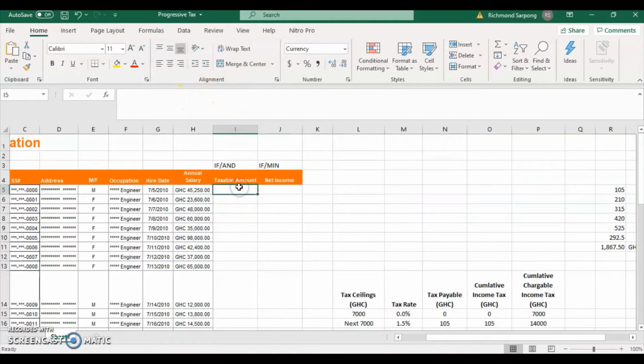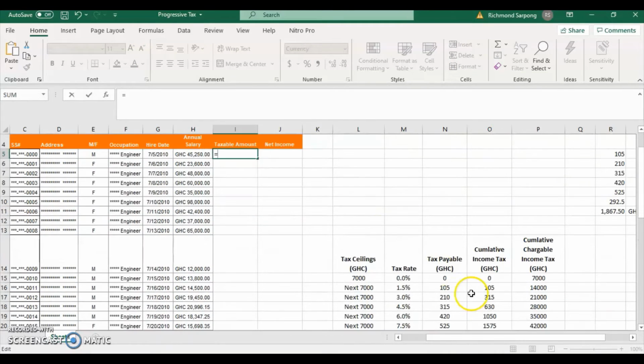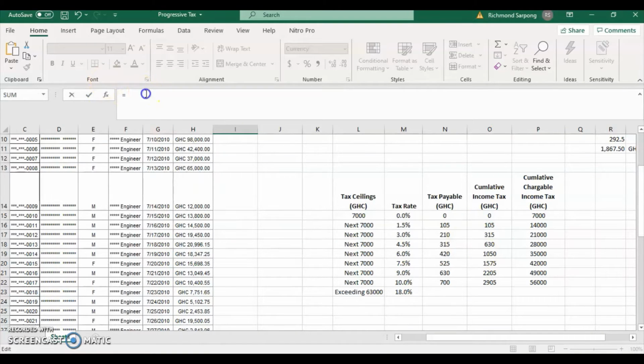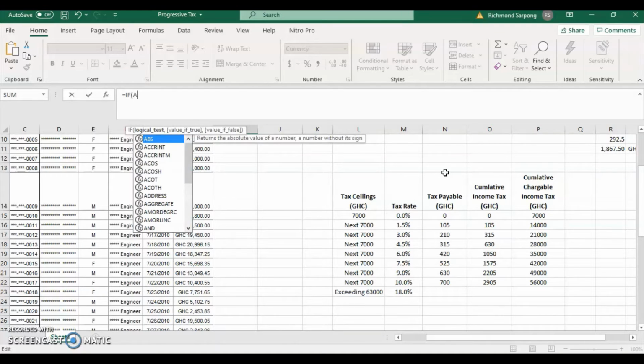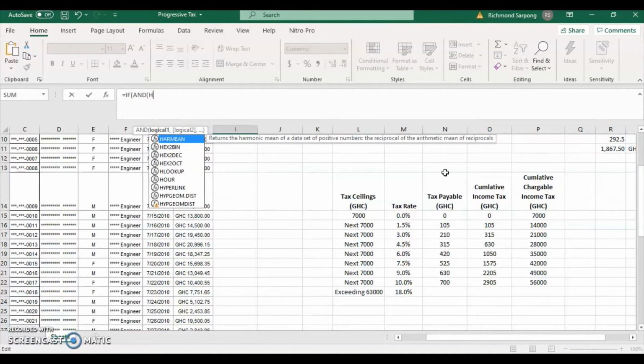I'm going to start to write my tax formula. I want to read from here, so I'll rather use this box to do it. If H5, I want two logical tests because I'll use this.